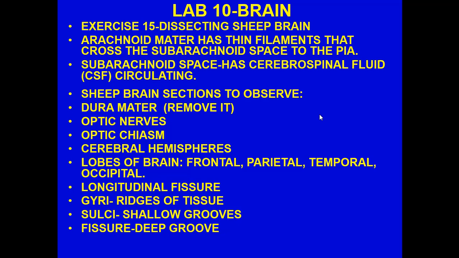And then when you start looking at some of the finer details of any section of the brain, you're going to see gyri, sulci. Gyri are the ridges of tissue. Sulci are the shallow grooves. To help you to think about that, because everybody sits here and goes, so what? Well, think about it this way. If I take a straight piece of paper, I only have so much surface area.